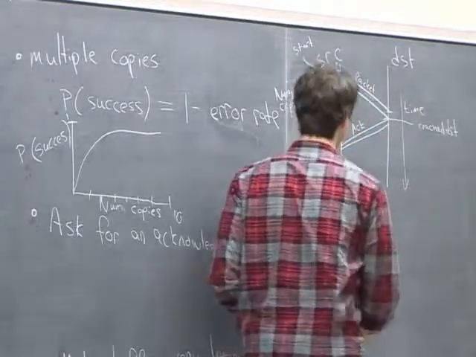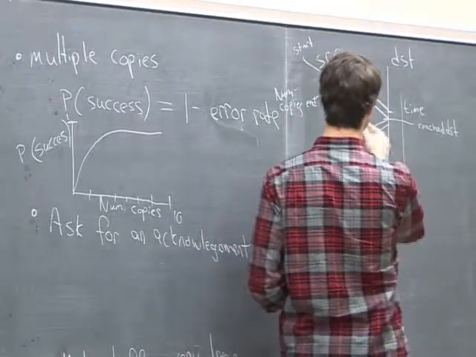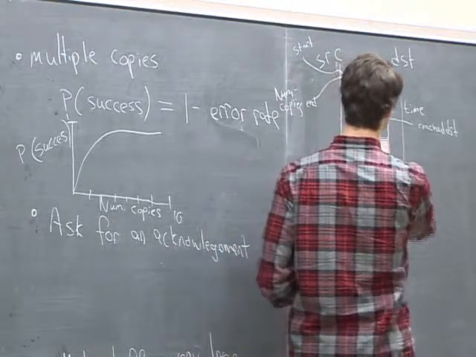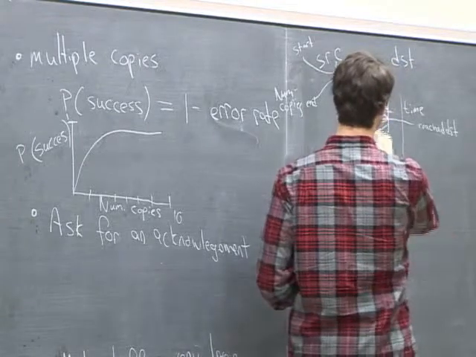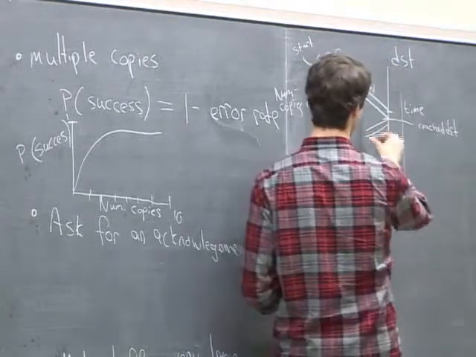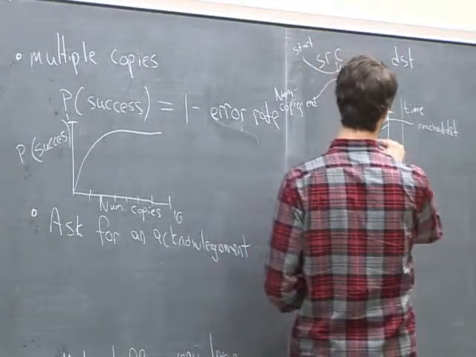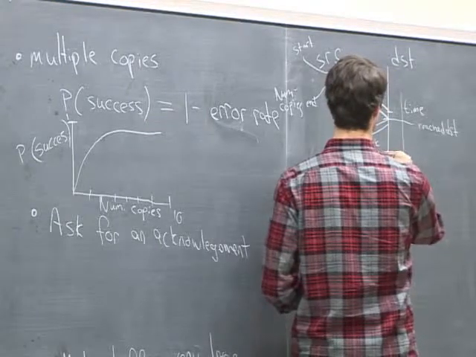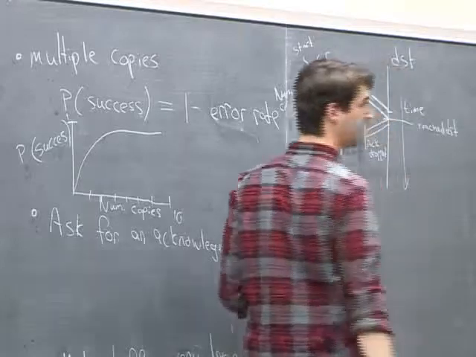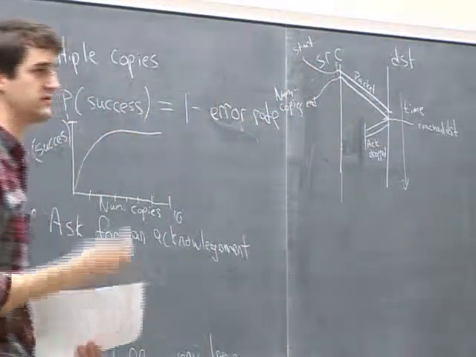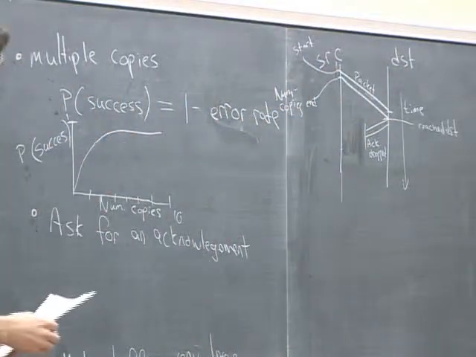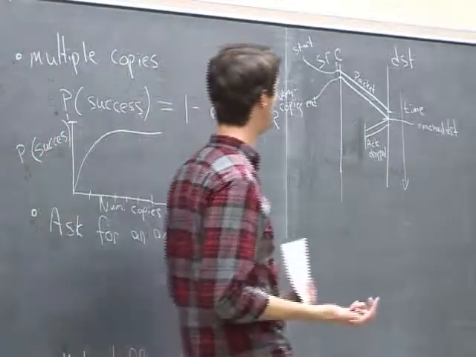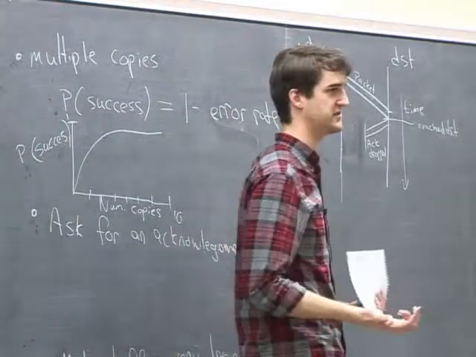What happens now if, for some reason, during communication, this ACK is lost here? So the ACK is dropped. Now what should we do? We should resend it, but how do we know when to resend it?